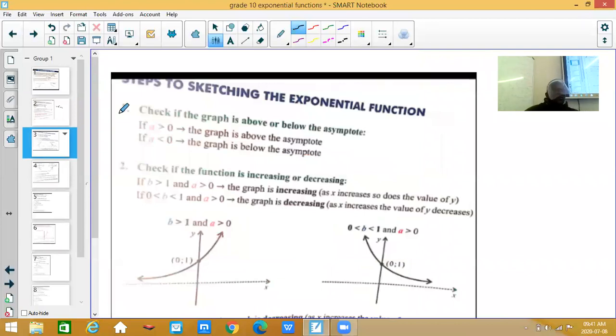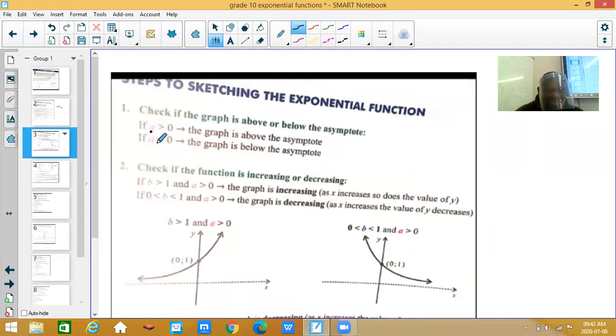Okay. We want to look into the steps of how we sketch the exponential graphs. On the steps on how we sketch the exponential graph, first check if the graph is above or below. Now, how do you check? You look at the value of a. If the value of a is positive, any positive number, 2, 3, 4, 5, 6, you know your graph will be above.